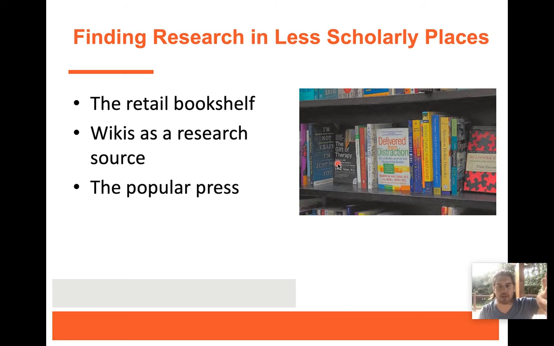So that's the sort of world of science publishing. Of course, you can consume scientific material in non-scholarly avenues.